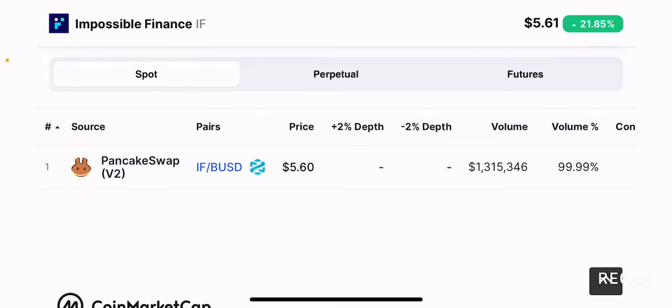And if you have some cake tokens and you want to earn this token passively while you're doing your own research before you accumulate some cash to invest in this token, just stake it in the syrup pool and earn some IF tokens passively, right? Or you can buy this token from PancakeSwap as well using BUSD, right?